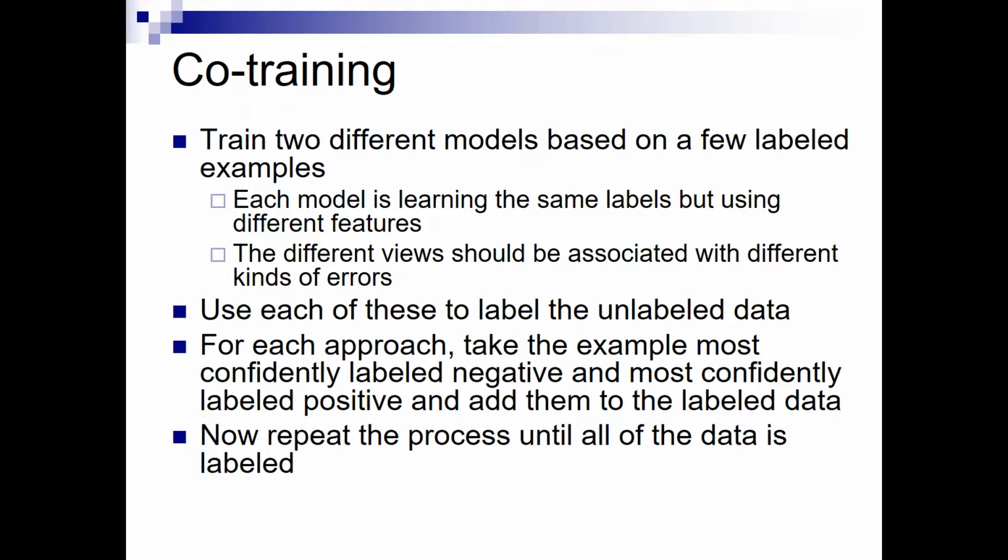So for both of your feature spaces, some of the examples you added were ones that it would have been confident about anyway, but the other ones that you added because of the other feature space are ones it wouldn't have been able to get correct. And so this allows you to add in an unsupervised fashion instances to the training data that wouldn't have been reachable with only one feature space.